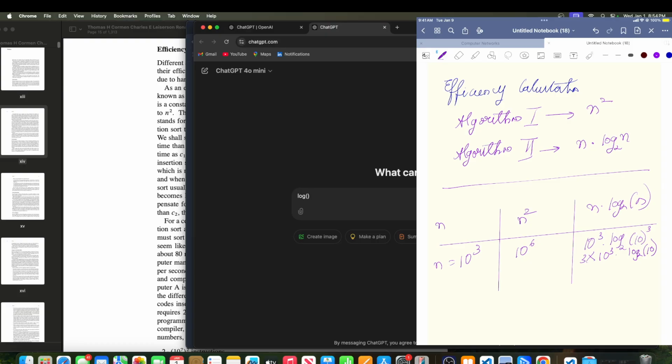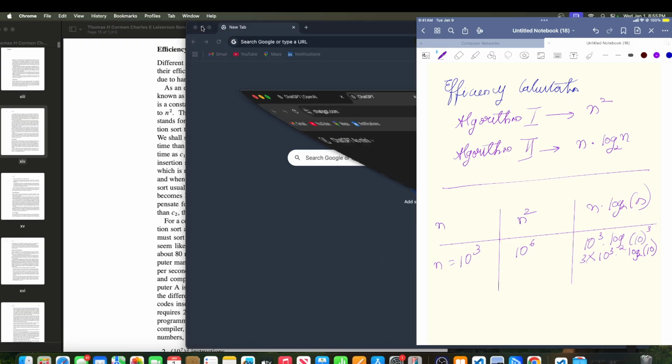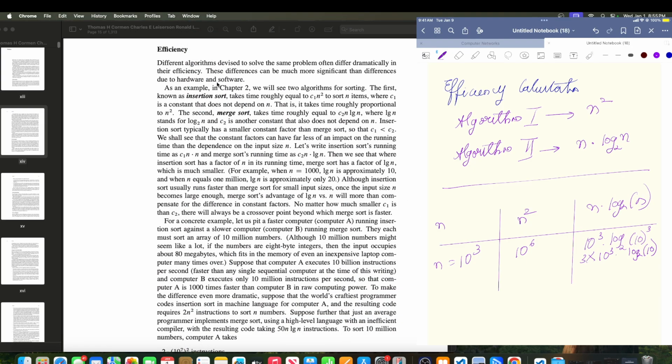Let's say log base 2 of 10. How much is this? It is approximately 3.3 something. This is mathematical, right? You can calculate it. This 3.3 will come to about 9.9 into 10 power 3.